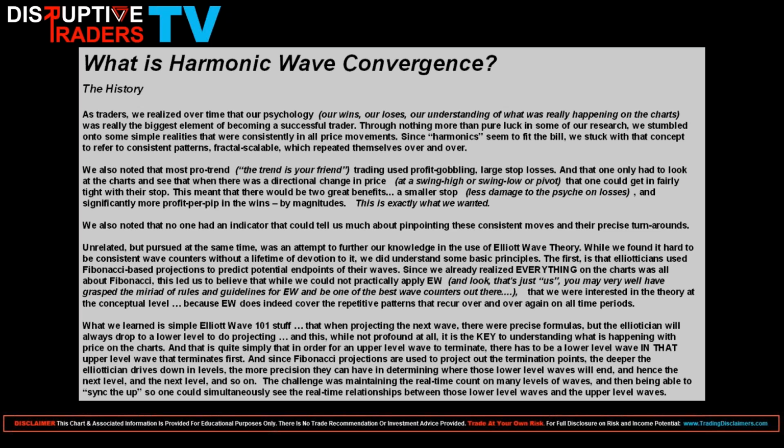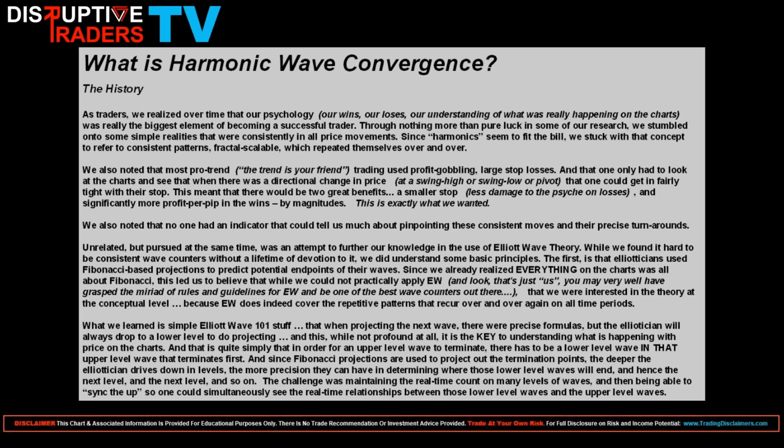What we learned is simple Elliott wave 101 stuff: when projecting the next wave, there were precise formulas, but the Elliottians would always drop to a lower level to do the projecting. This, while not profound at all, is the key to understanding what is happening with price on the charts. In order for an upper level wave to terminate, there has to be a lower level wave that terminates first.